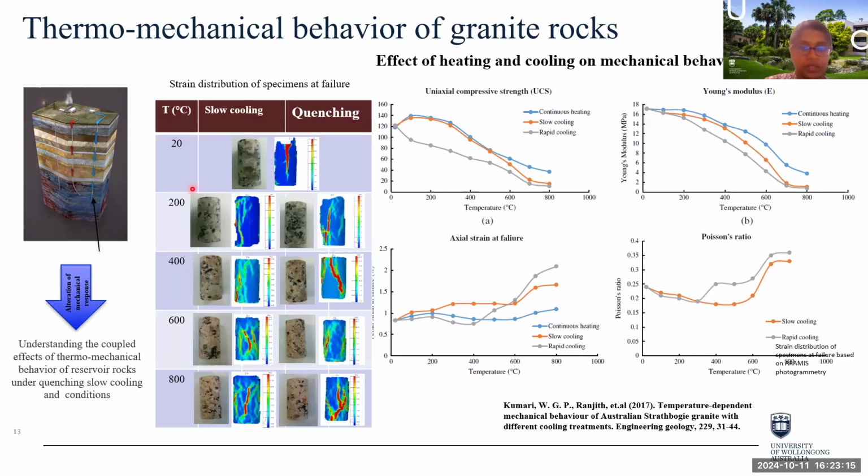We also used a non-contact optical 3D deformation measuring system to understand axial and lateral deformations in these kinds of experiments. In general, as a result of thermal stress, granite's compressive strength and elastic modulus will nonlinearly decrease, while axial strain and Poisson's ratio are increased as a result of thermal-induced damage.